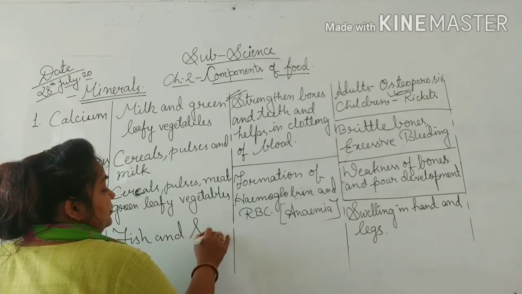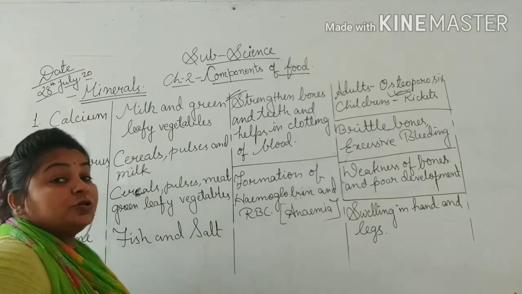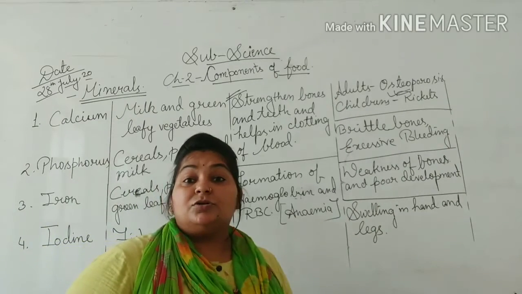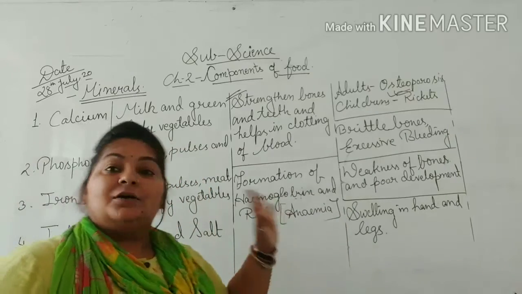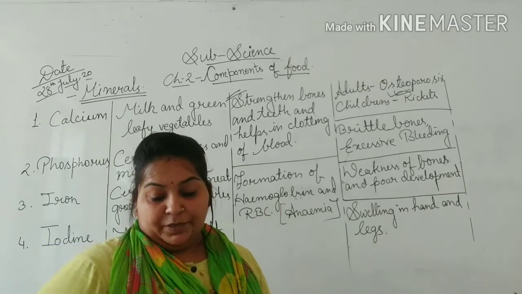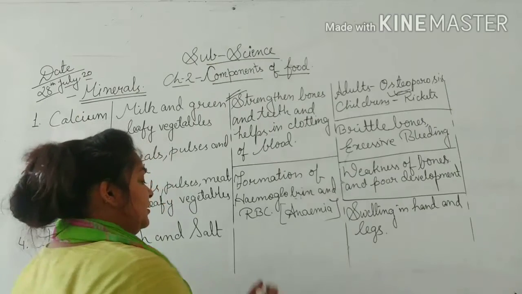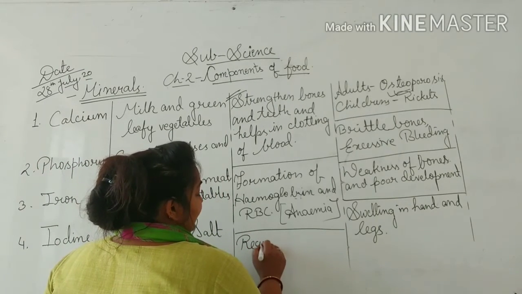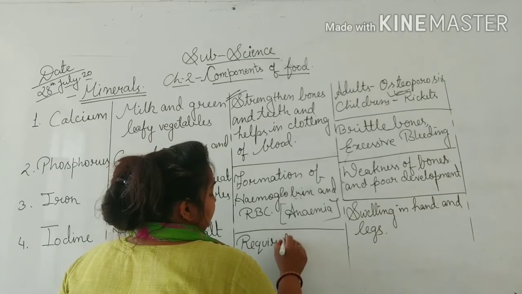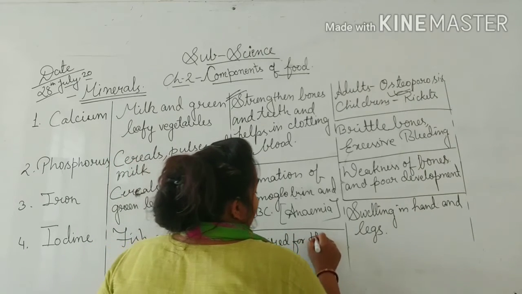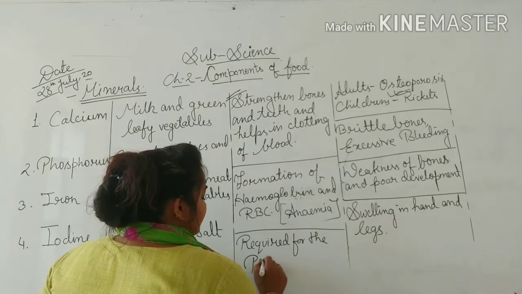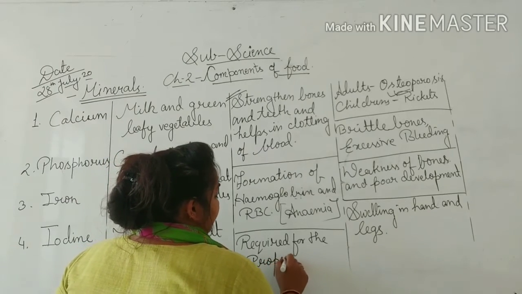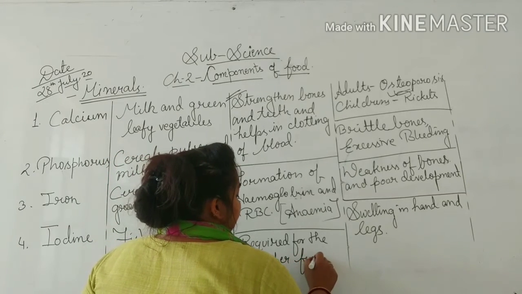From salt, you are not supposed to take so much, but a little bit of salt can fulfill the need of iodine in your body. It is required for the proper functioning of the body, we can say. Okay. Proper functioning.